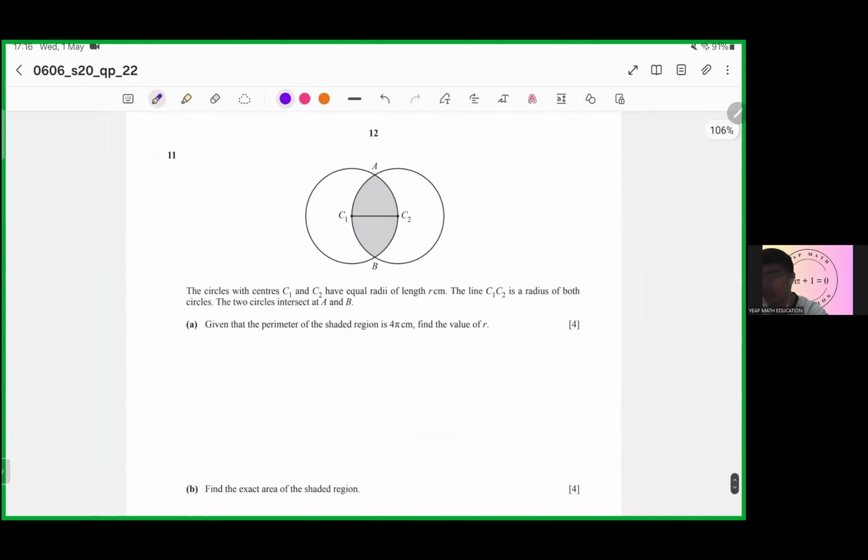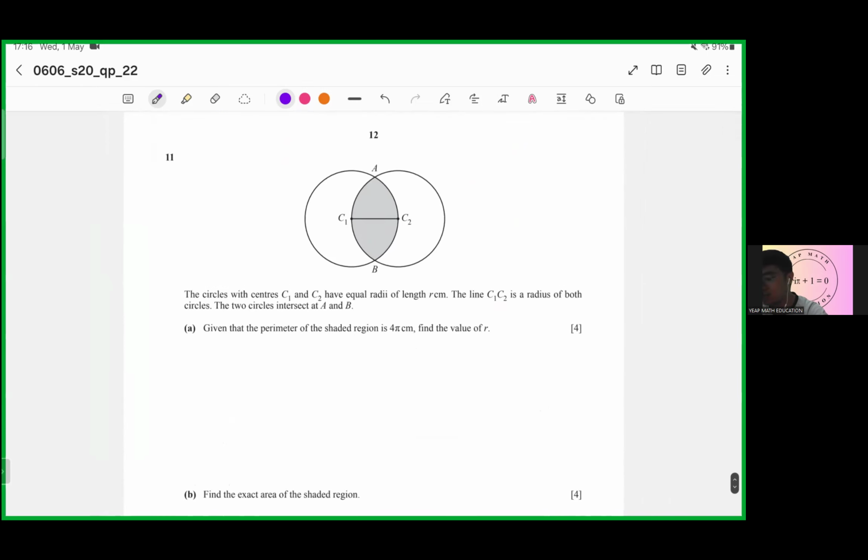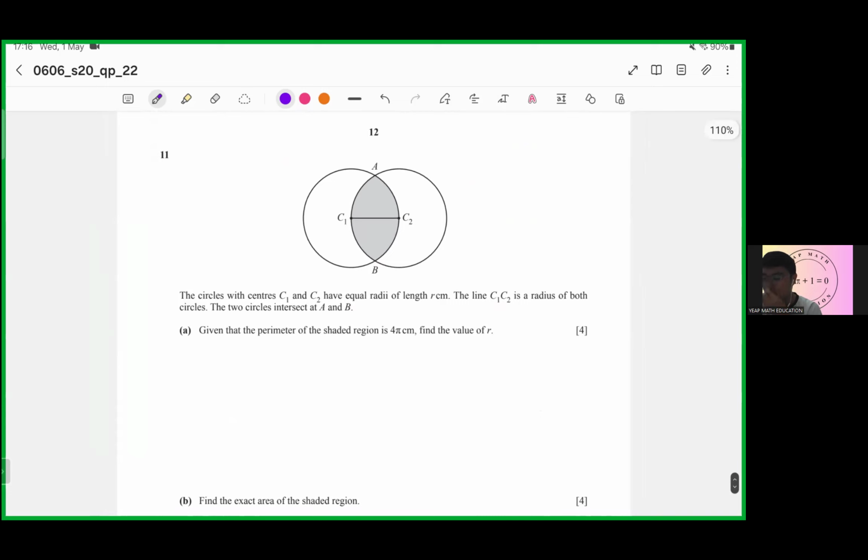Okay, now we look at the last question. The last question is about circular measures. The circles with centers C1 and C2 have equal radius. It means this circle also has radius r, and here also r cm.